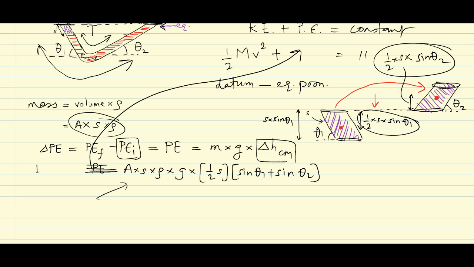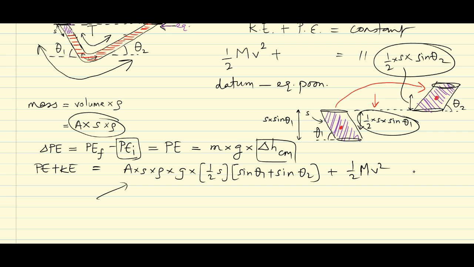Now I'll write PE plus KE equals A multiplied by S into rho G half S into that bracket, plus half into total mass times the common speed square, and that's equal to a constant.